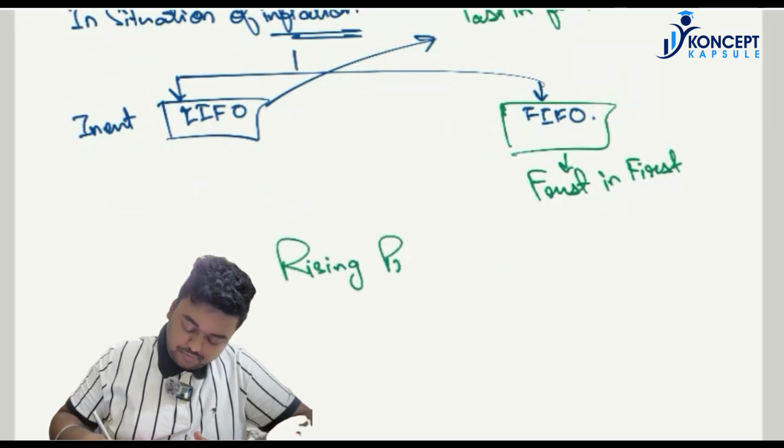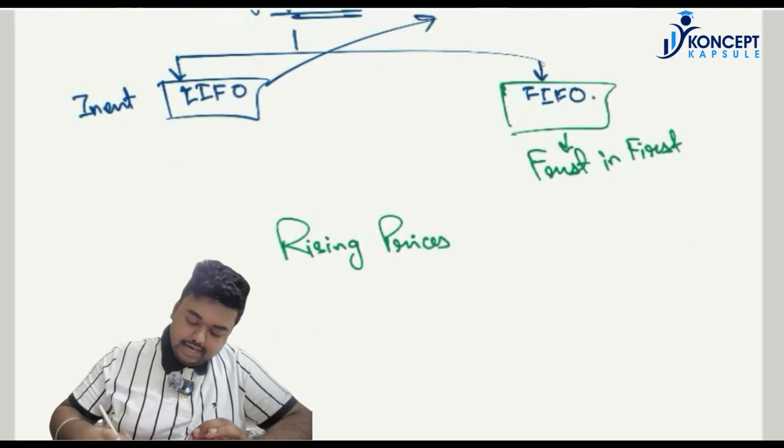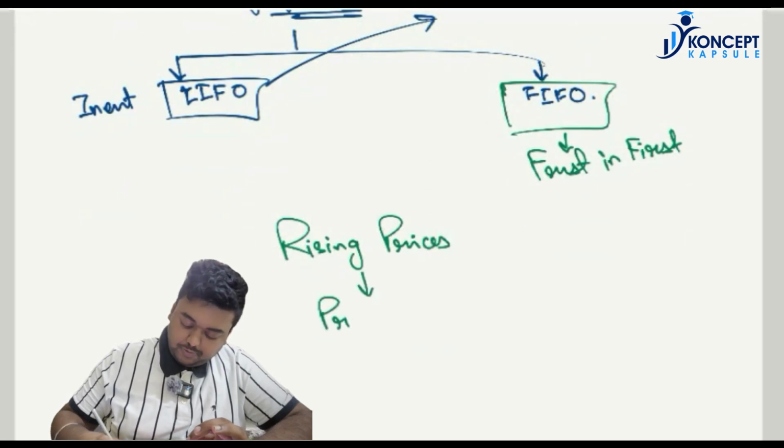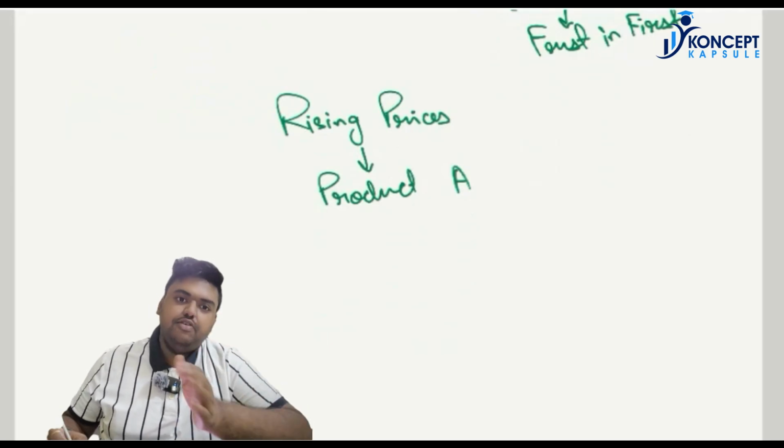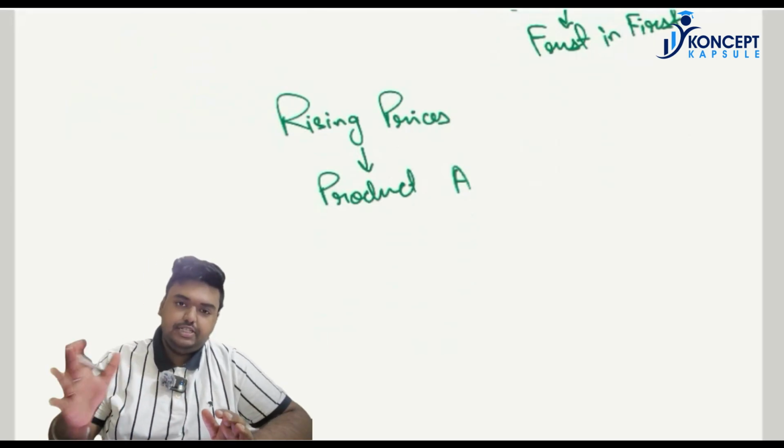Correct? So if we take a product A, and a timeline of 12 months, assuming only one unit of A was purchased every month.